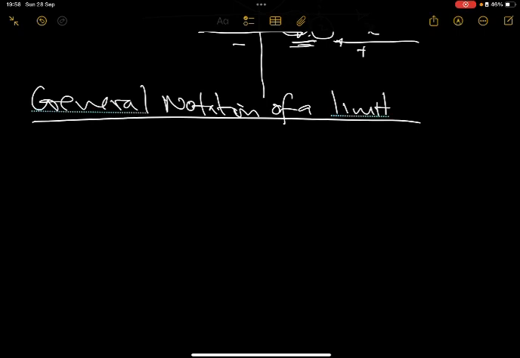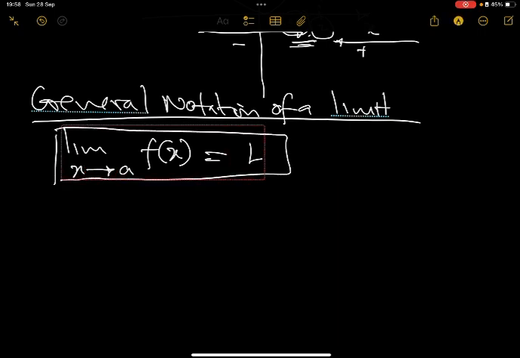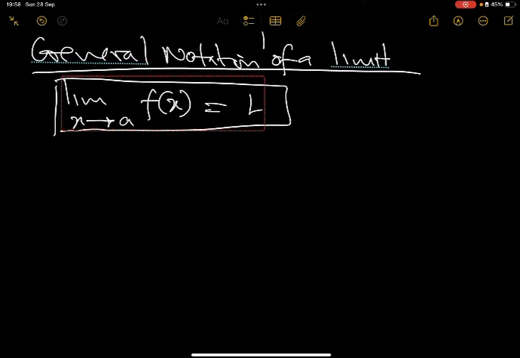Let's say, for example, we are given the limit as x approaches a of f of x is equal to L. This is the general notation of a limit. For example, given a limit like the limit as x approaches 2 of x squared.